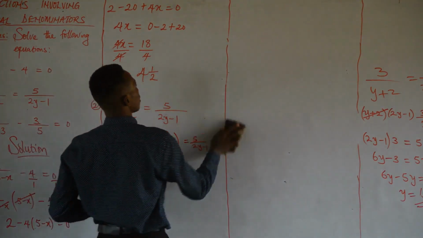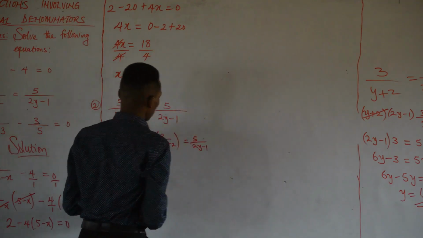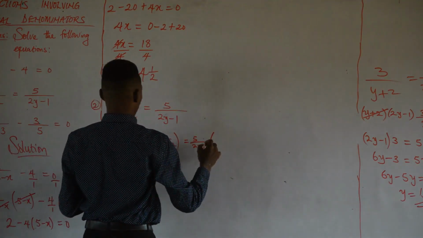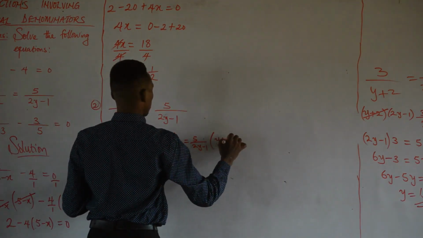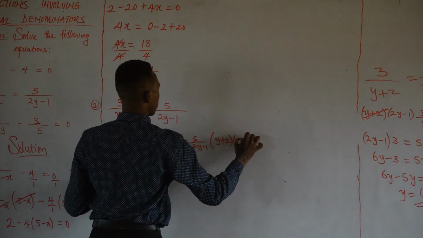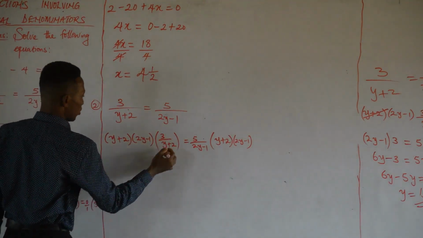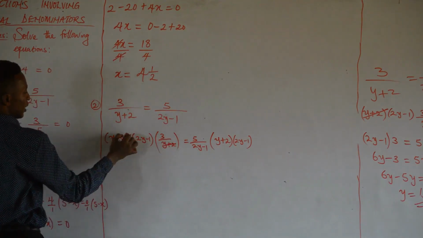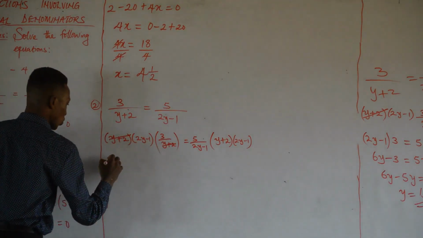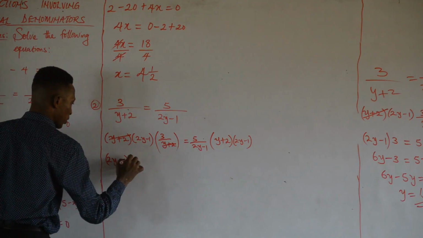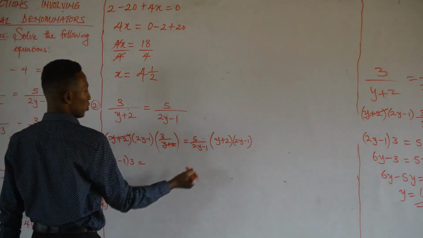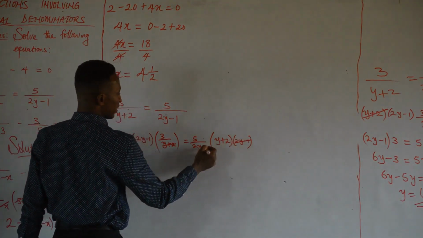Let me cancel all this. So into bracket y plus 2, 2y minus 1. So look for what is common, what you can divide. We can divide this and this. So you are left with 2y minus 1 into bracket 3. Everything equals to, look for what we can divide here. We can divide this and this.